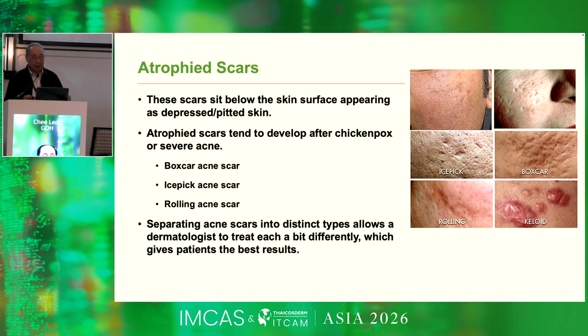Now we go to the other big group, which is the atrophic scar, and generally we see this in acne vulgaris. And I think these are the most difficult scars to treat. I've never come across a patient with acne scar who has undergone all the treatments, fractional lasers, hybrid lasers, and radio frequency, and has come to hug me and say, "You have done such a wonderful job on my acne scar," because the scar never clears completely.